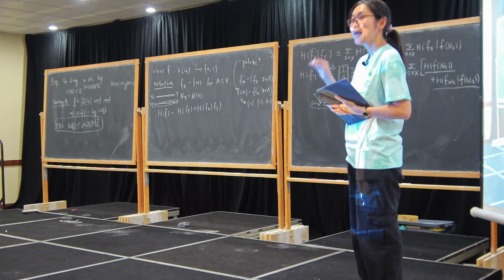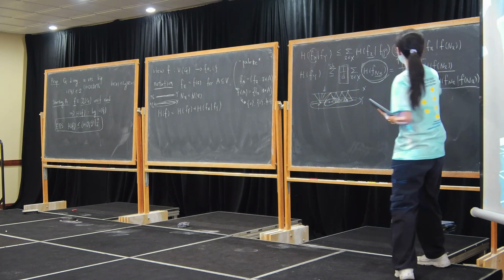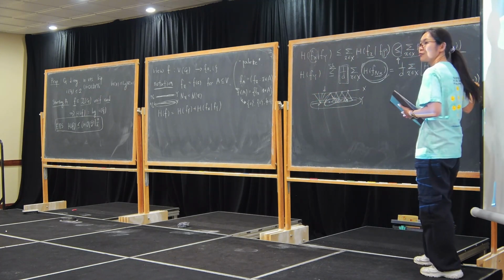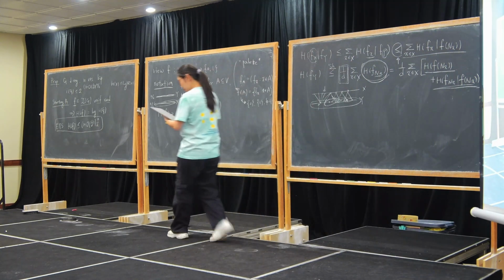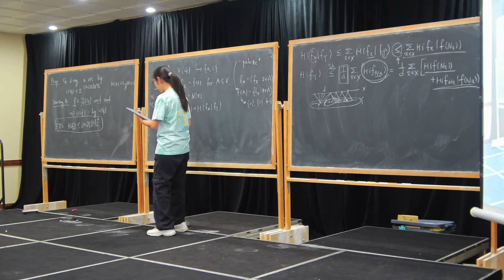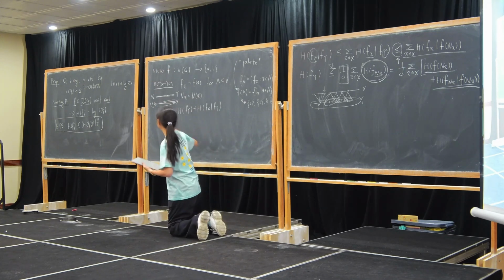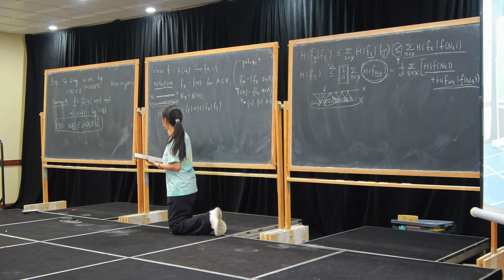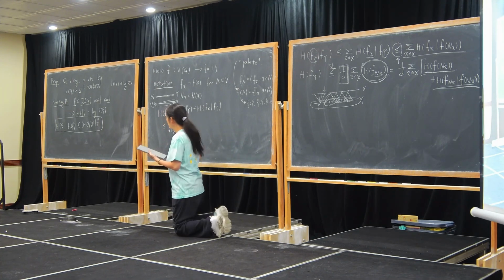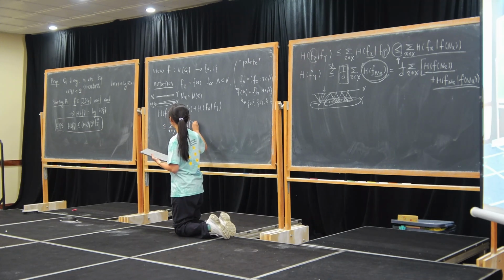So why is it helpful? Eventually, they will be helpful if you combine this thing and this thing together. Let me write it down. So this one is at most... now I'm combining all of the bounds. So this is at most the summation over x in X of 1 over d times the entropy of f of the neighborhood of x.